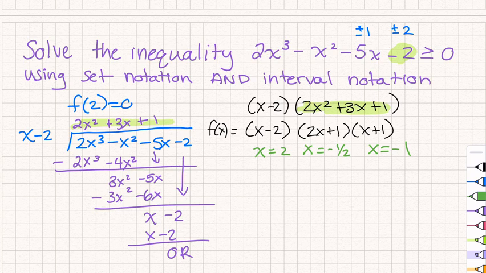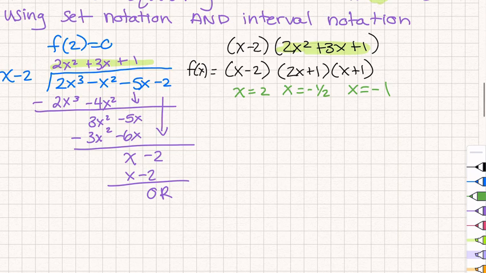The next thing we're going to do is put these into our chart. To put these into our chart, we have to put the values in order. So first is going to be -1. We're going to look at when x is less than -1. We know at -1, it's going to be 0.